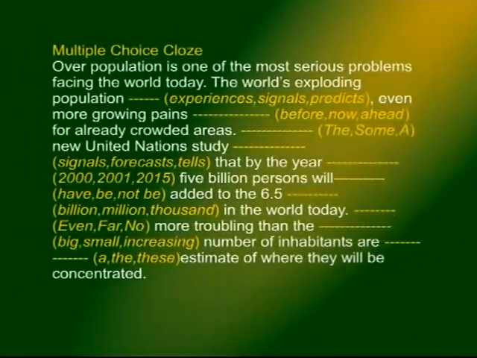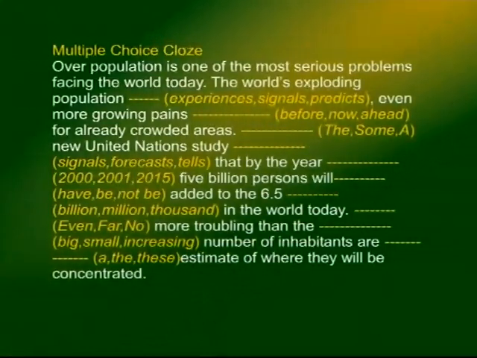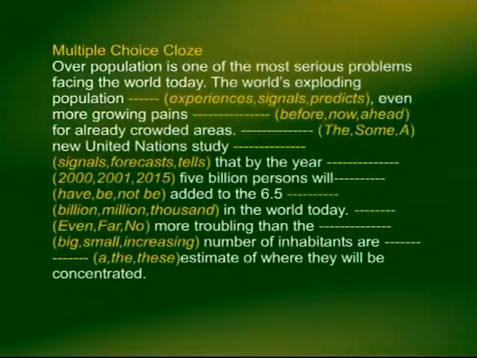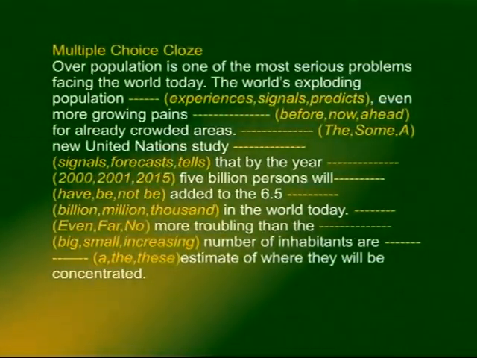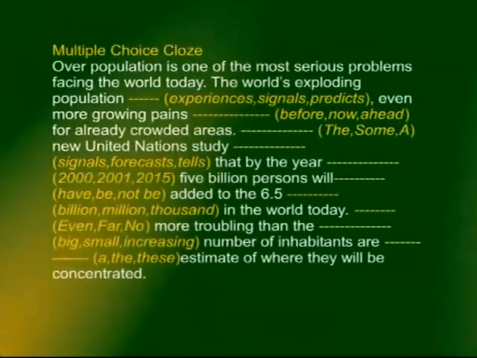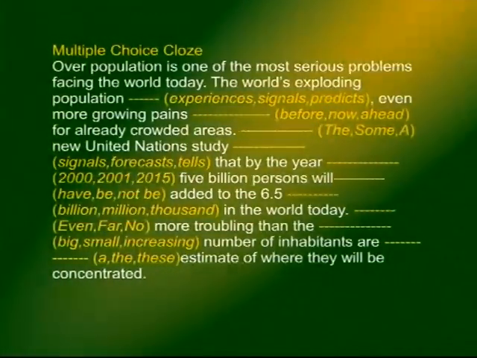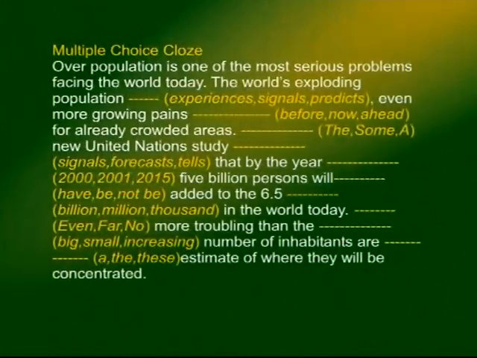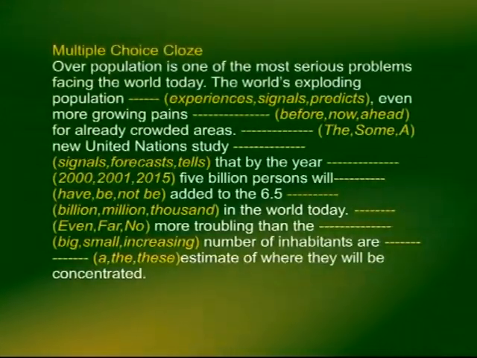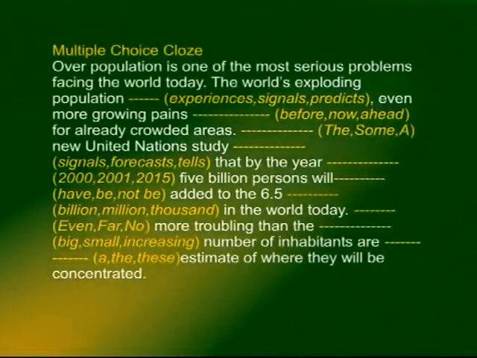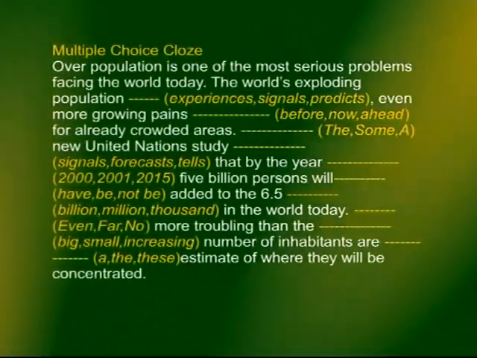Overpopulation is one of the most serious problems facing the world today. The world's exploding population, and in the first gap you've got 3 choices: experiences, signals, predicts. Choose one which would be appropriate. The world's exploding population, even more growing pains for already crowded areas.